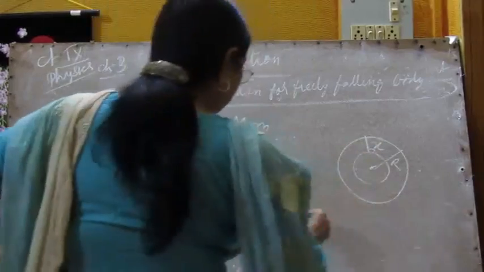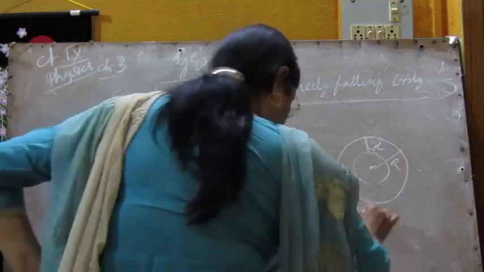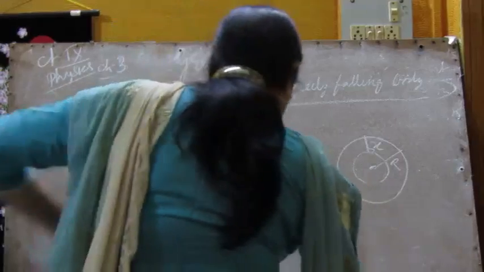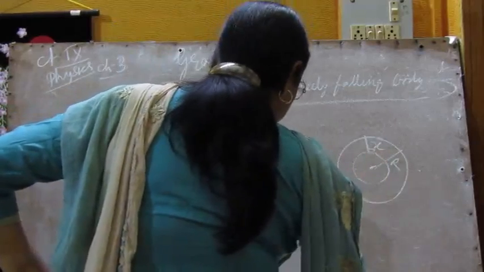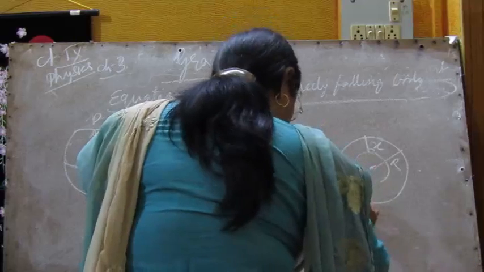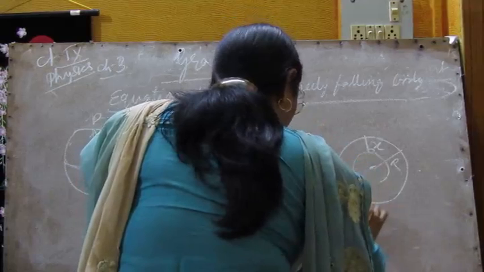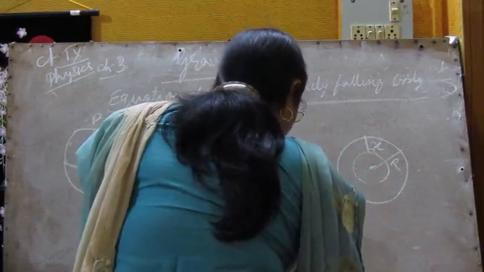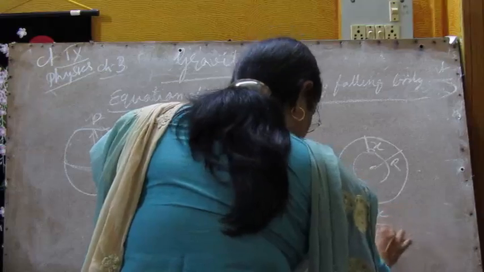So the acceleration at the depth x is gx equals g into (1 minus x by R).